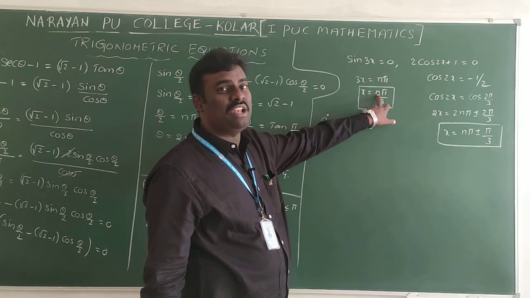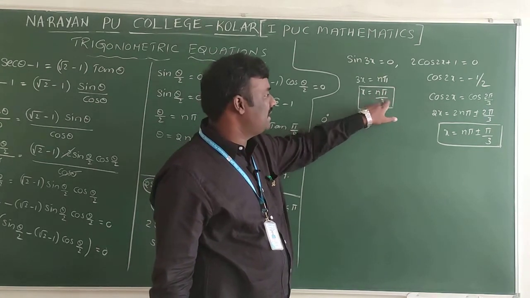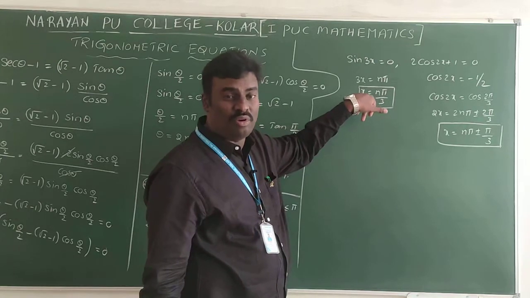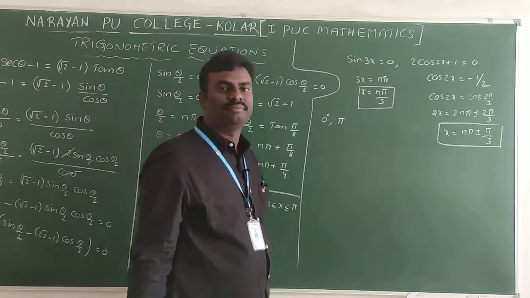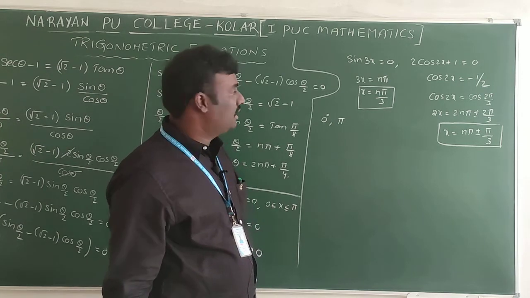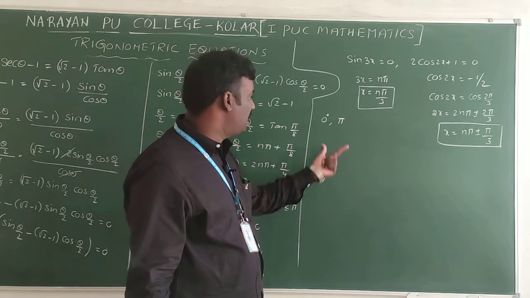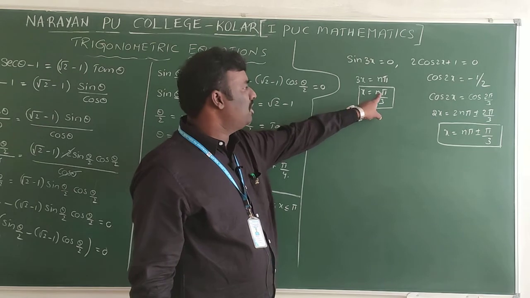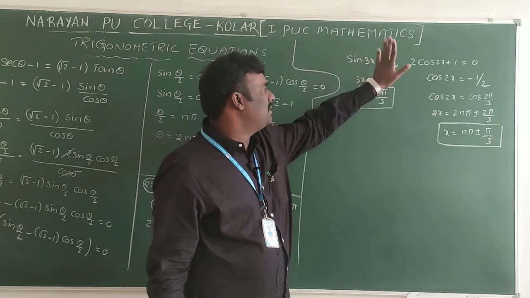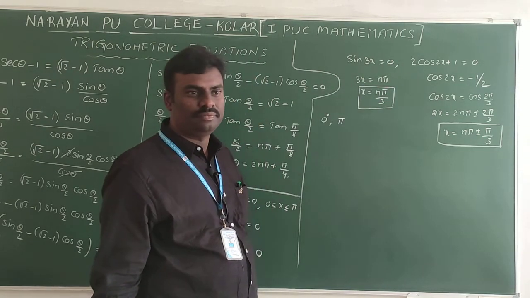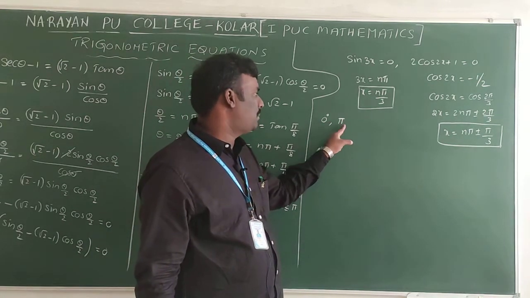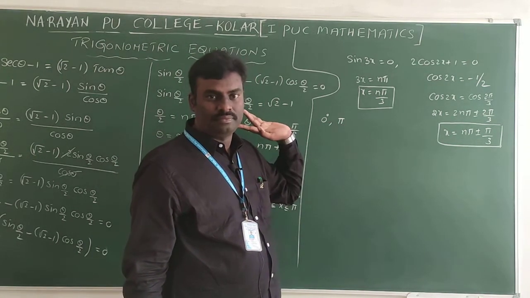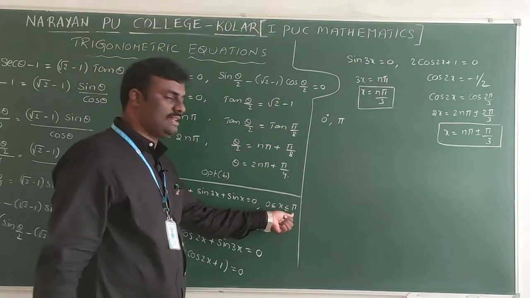If you take n value 3, pi by 3, 3 gets cancelled. Now what will you get? Pi. Now this is also correct. Two values we got. If n value is 2, pi by 3 will not give 0. Now here, what are the chances? 0 is possible, pi is possible. Pi is also included here, both.